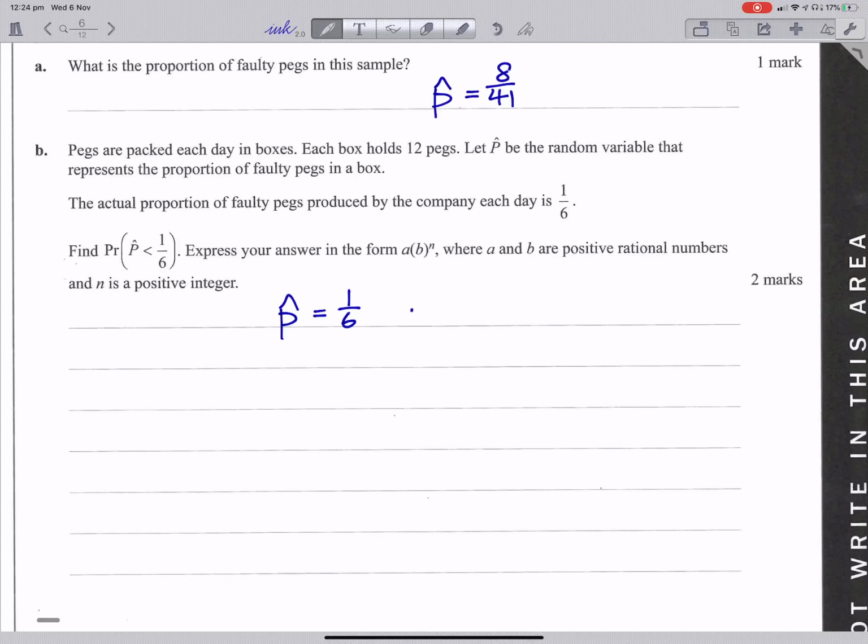And if we've got N is 12, we know that P hat is X on N. So X is equal to 12 times 1/6, which is 2. Find the probability that P hat is less than 1/6. That's the same as the probability that X is less than 2.